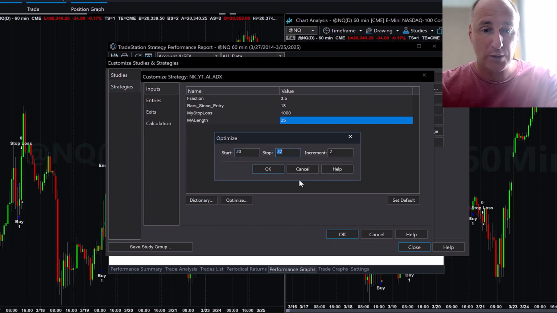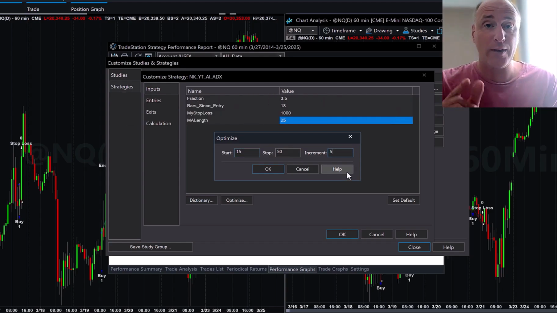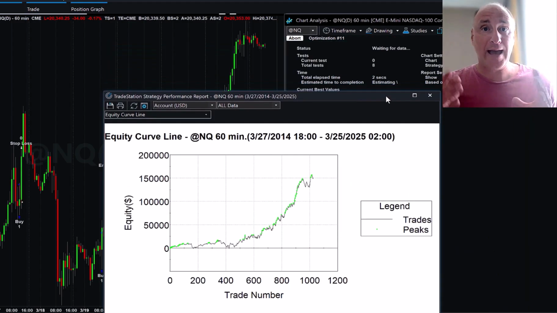I would use from 20 to 50 because we know that 10 was too low, or from 15 to 50, but with increment 5. We do not want to over-optimize. We don't really want to use these very small increments, which are way more prone to overfitting. So let's optimize. It's going to be just 8 iterations, so it should be rather quick.